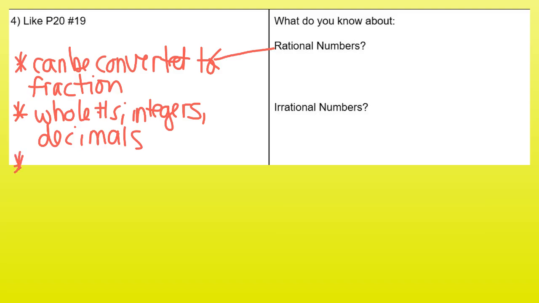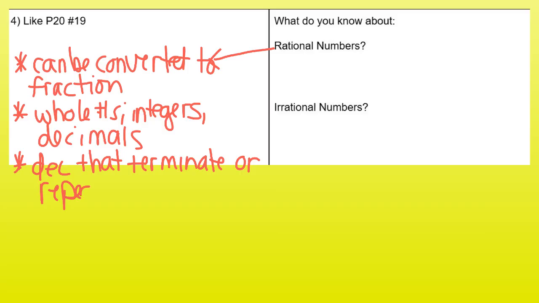And finally, I know that decimals that terminate or repeat are rational. So I look through, are there any decimals that terminate or repeat? Those are rational. All right, you might have to pause me here to get caught up.